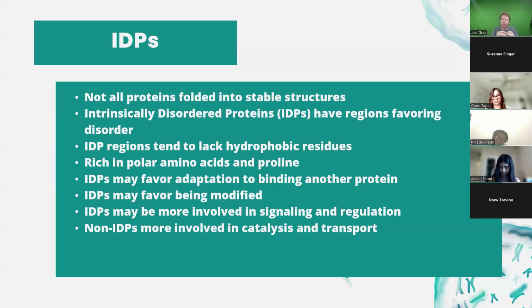So they'll cluster together, and that's going to stabilize the structure. If you lack hydrophobic residues, then you've got a bunch of hydrophilic residues, like your ionic or polar positive, polar negative, polar uncharged. Those are going to love interacting with water.